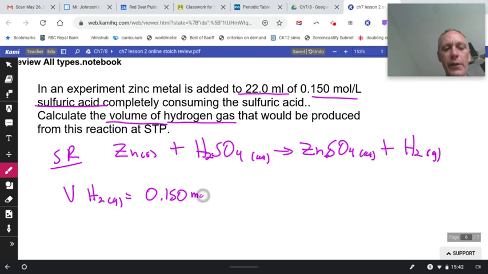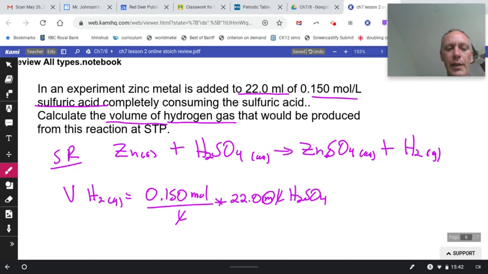Okay, so moles first. Put the moles on top, times the liters or milliliters of H2SO4. Okay, so just for fun, I'm going to cancel out the liters, but leave the milli. So right now we've solved for the millimoles of H2SO4.